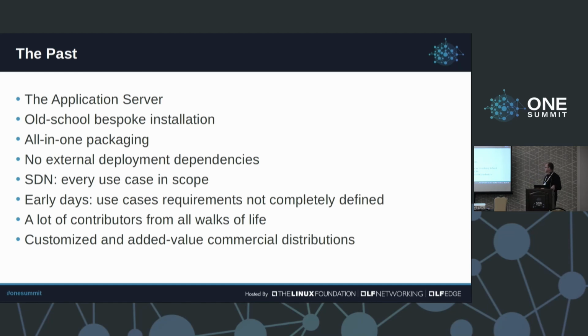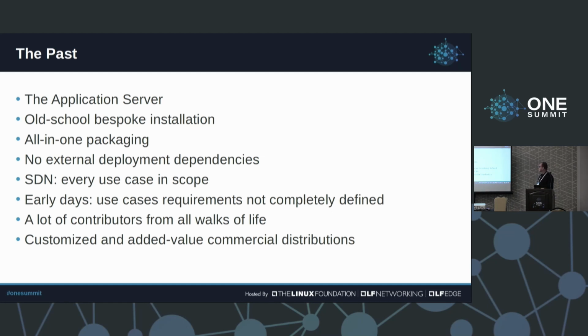But it was an exciting SDN era, so we had a ton of contributors from a lot of companies, all sorts of documentation and testers, you name it. The proposition was that you wouldn't really run the open source thing, but you would find an integrator or a commercial distribution and work with them to refine your use case and give you something that can be supported in a commercial environment.